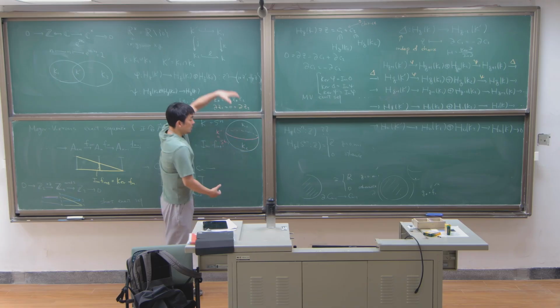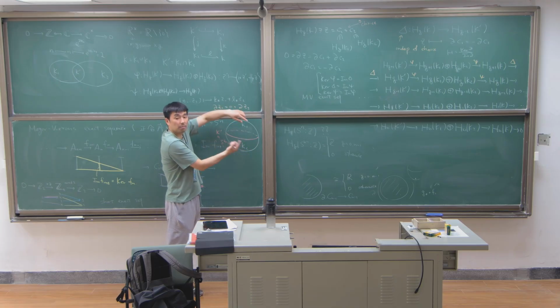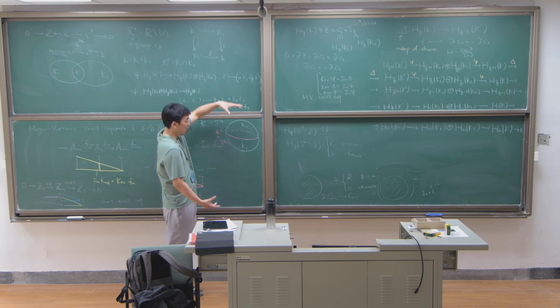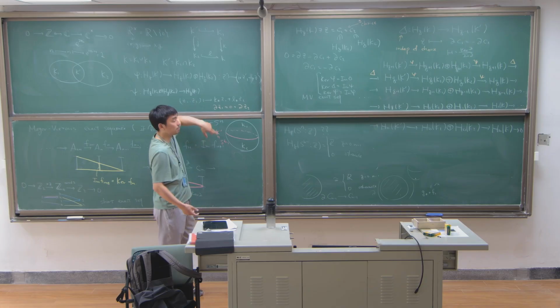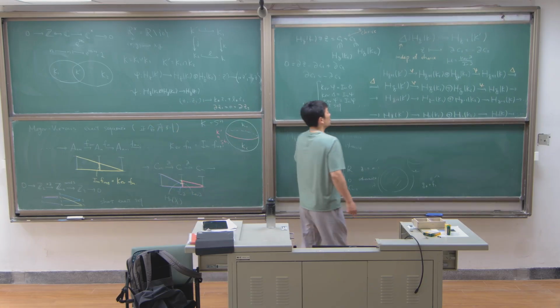Okay. Let's consider K1 and K2, and the intersection is just a middle, one-dimension-lower sphere. And if you just add them up, you have the sphere Sn. That's the situation.